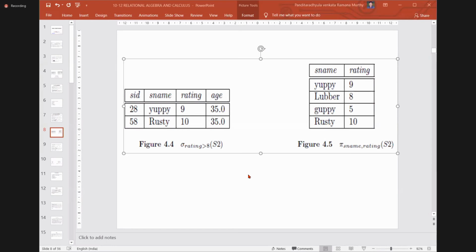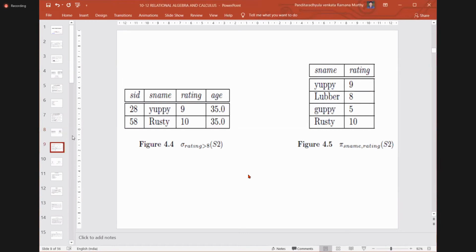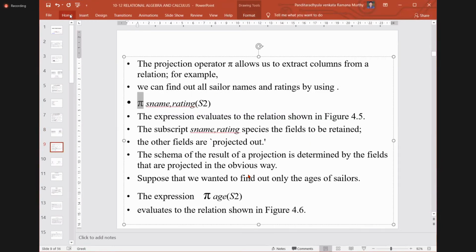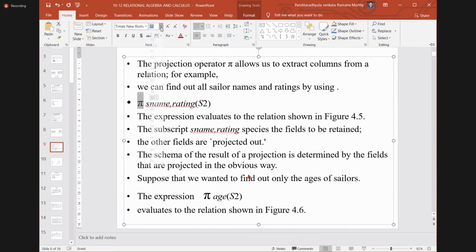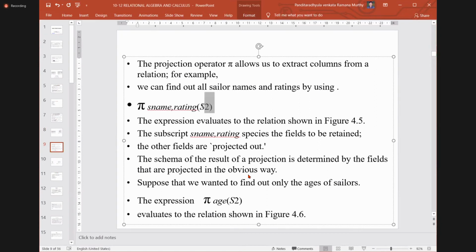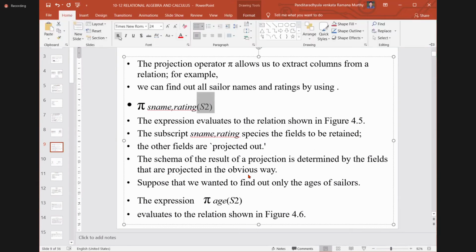So we are getting data from the table using the select operator. Similarly, we have the project operator, which is represented with the symbol pi. Like the select operator, we also give the table where the particular data is contained.